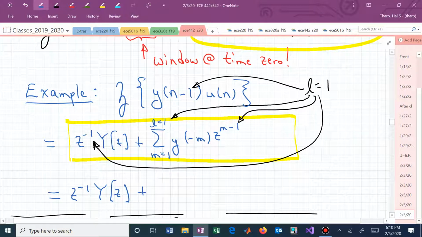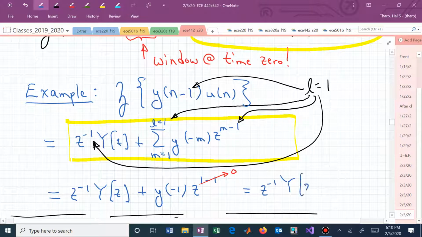Now we have plus y of minus 1, z to the 1 minus 1, and that now gives us z to the 0. So in fact, we end up with z to the minus 1, y of z, plus y of minus 1.